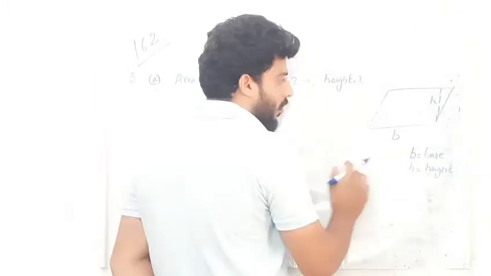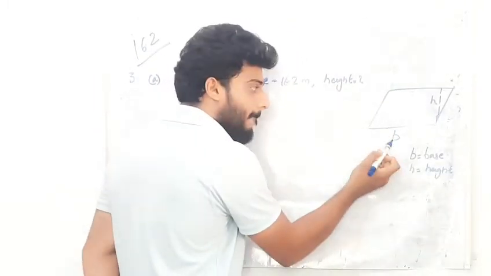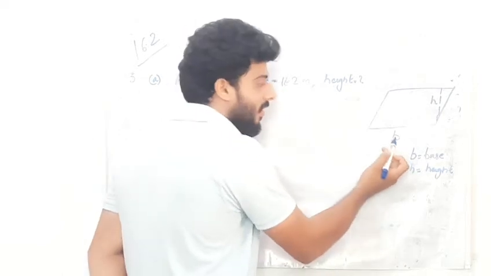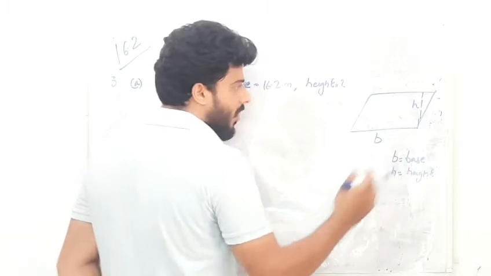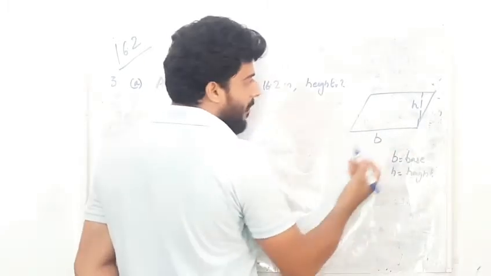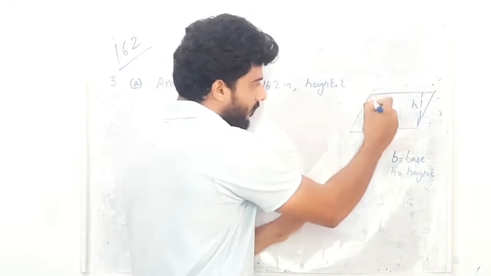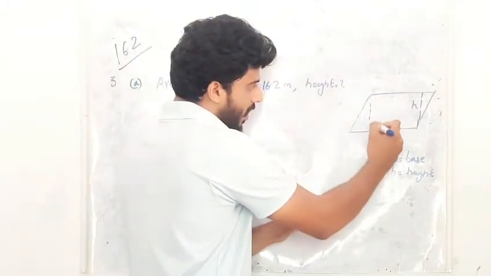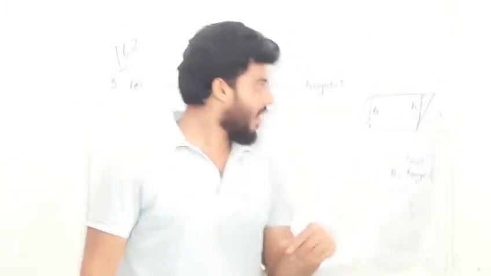The down part is B, which here stands for base, not breadth. And this is the height, H, of the parallelogram.